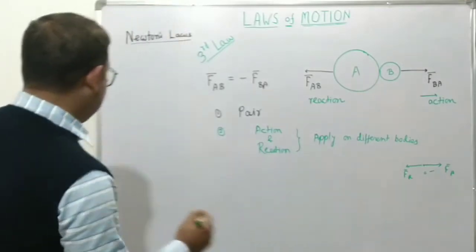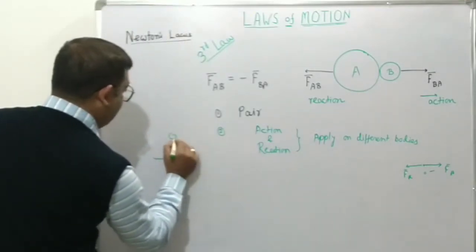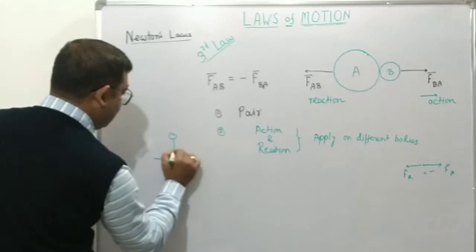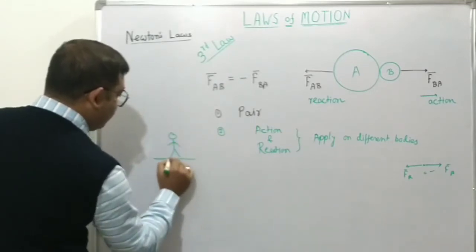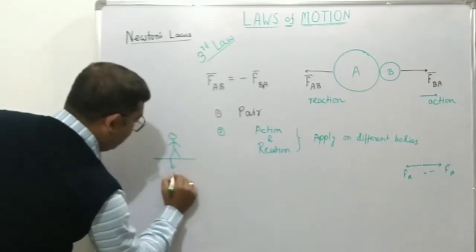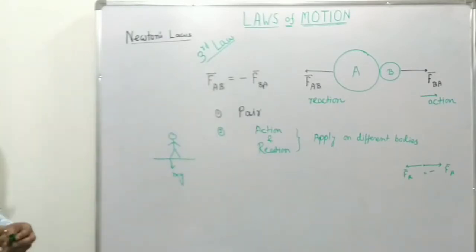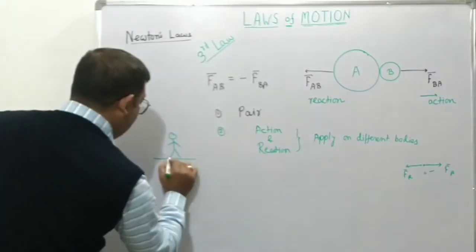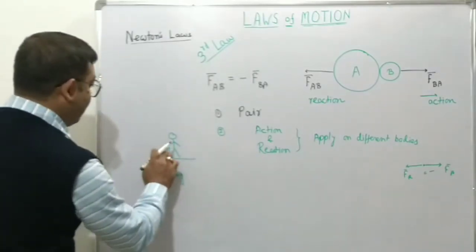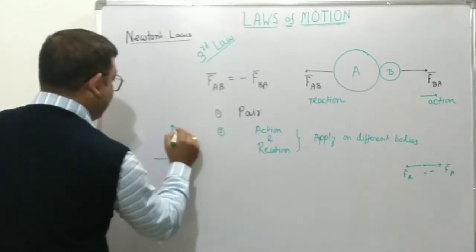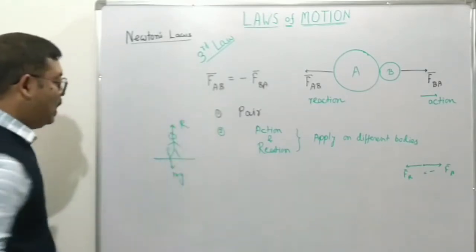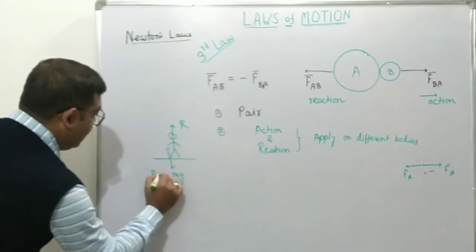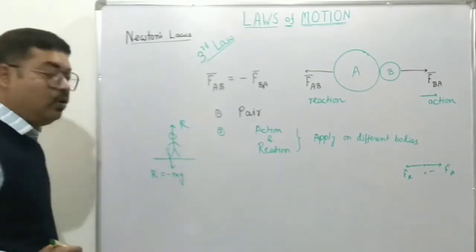Another thing you can see is that when you are standing on the ground, you are applying a force due to gravity, mg, and the ground is also applying a force on you in the upward direction, which is known as the normal reaction, and this R is equal and opposite to the force.